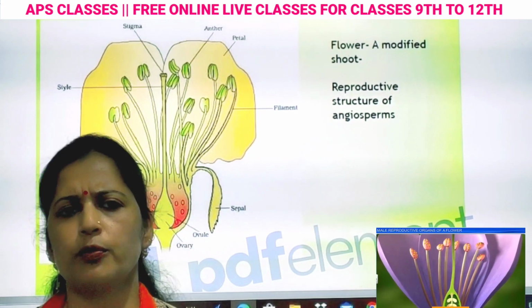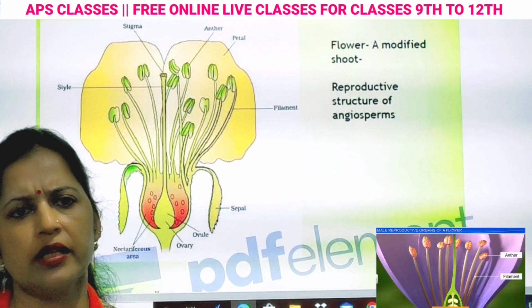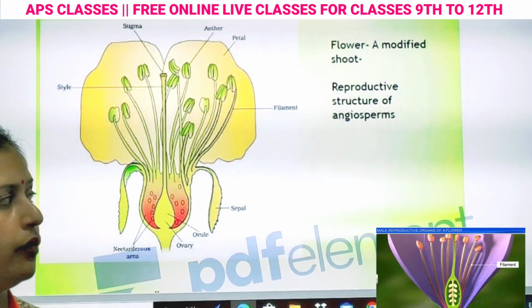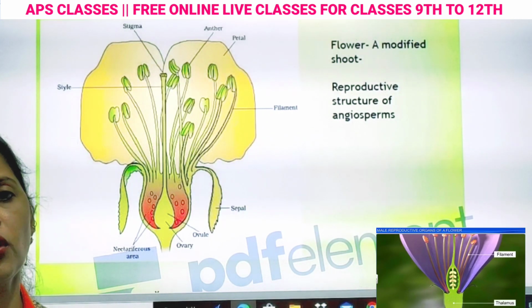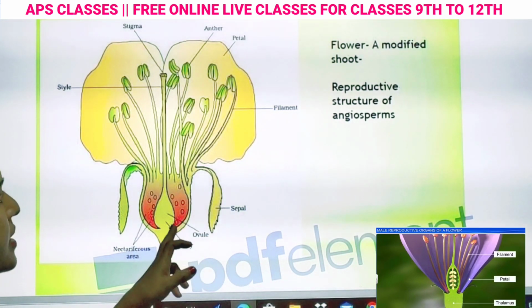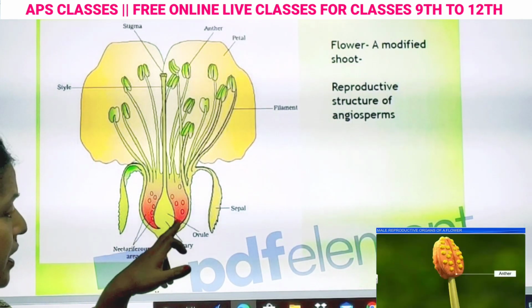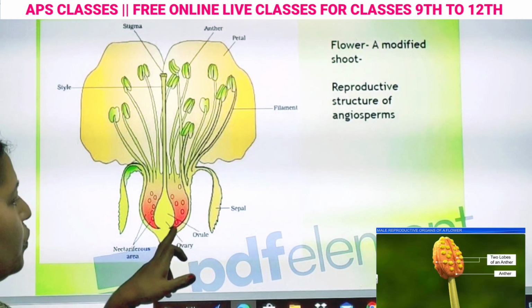After sexual reproduction, we will shift to sexual reproduction in flowering plants. That means we will discuss the longitudinal section of the flower, that is the reproductive structure of the angiosperm, and the flower is a modified shoot. In this flower, this is the ovary, and in the ovary a number of ovules are present.